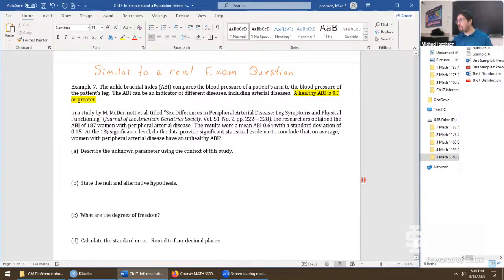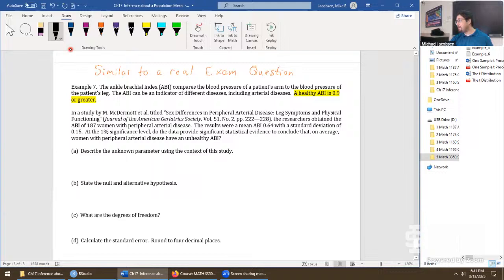Researchers obtained the ABI, ankle brachial index, of 187 women with peripheral arterial disease. So that's pretty important information for us. We can now write sample size n is 187. They tell us the conclusion. The results were a mean ABI of 0.64. Kind of rude that it didn't say sample mean, but we can read through the context.